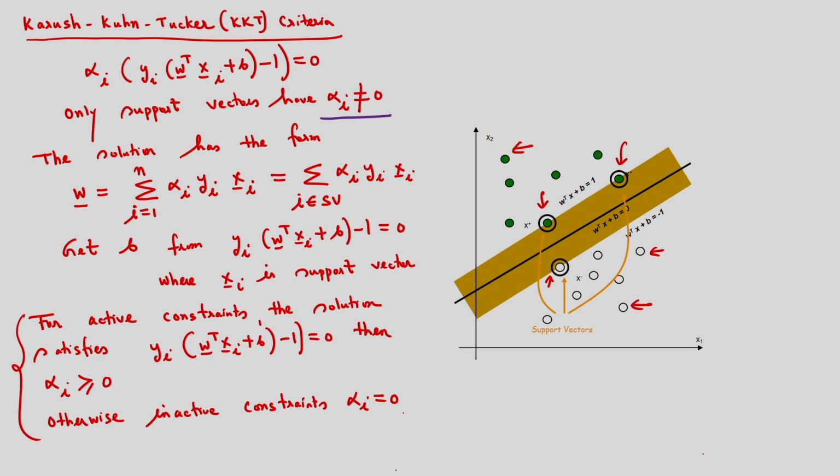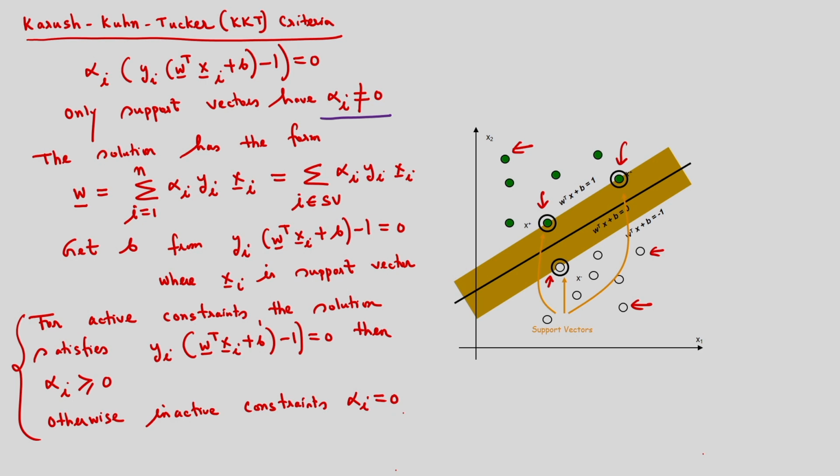Otherwise, for inactive constraints, alpha i is equal to 0. So you can see here the importance of the support vectors. The support vectors are x plus and x minus. They lie on the hyperplane, and corresponding to these support vectors, the Lagrange's multipliers will be not equal to 0.